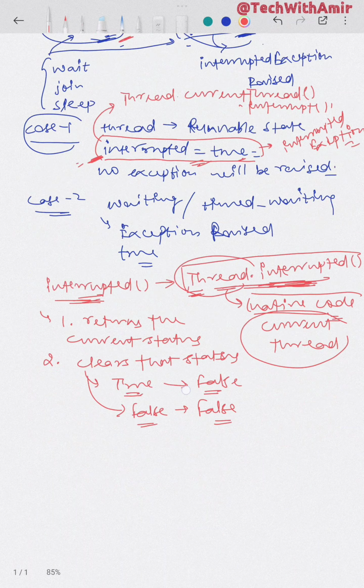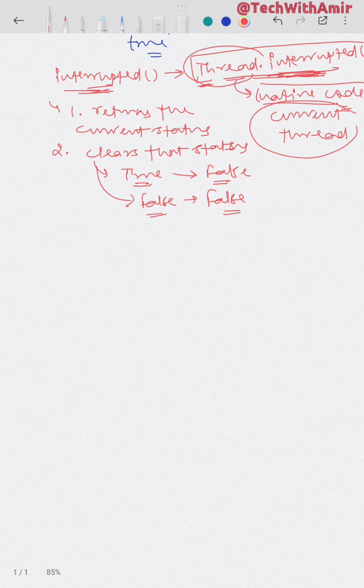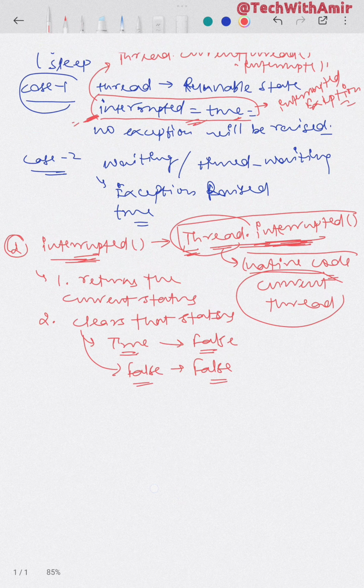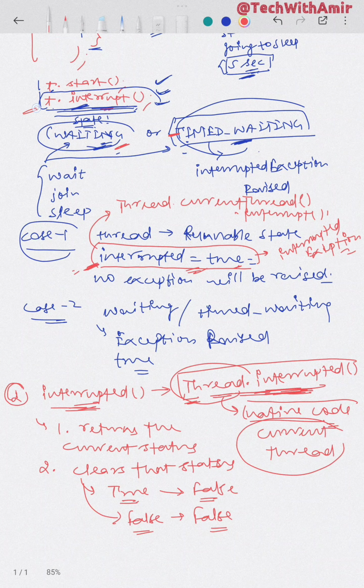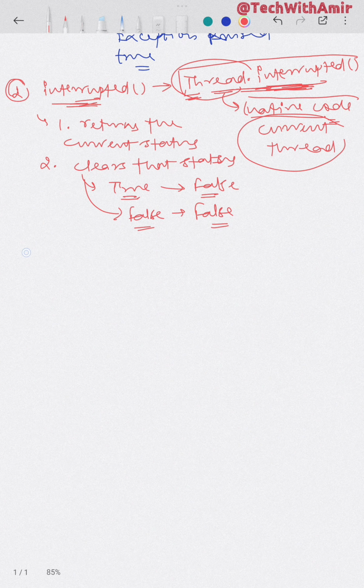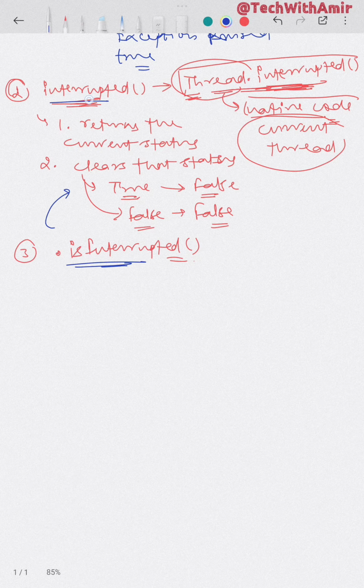And then there is one more method, this was the second method. The first method was the interrupt method itself, which I have discussed here. The other method is the isInterrupted method. This does a similar thing to the other method.